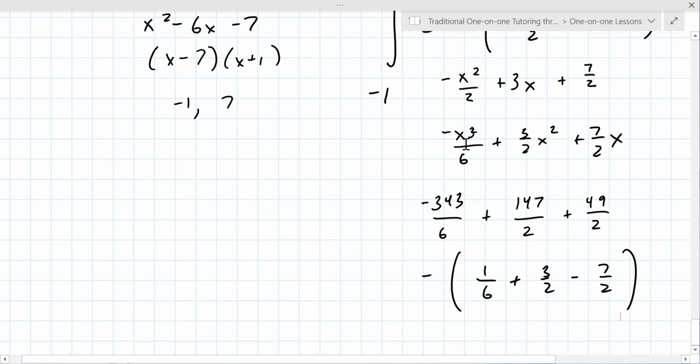You're cubing minus 1, but then you're negating it after you're done cubing it. Gotcha. So there's that way, so that it's 342 over 6.